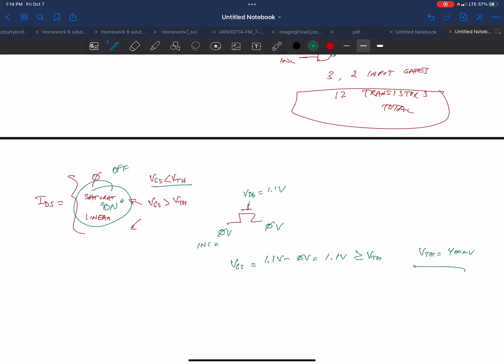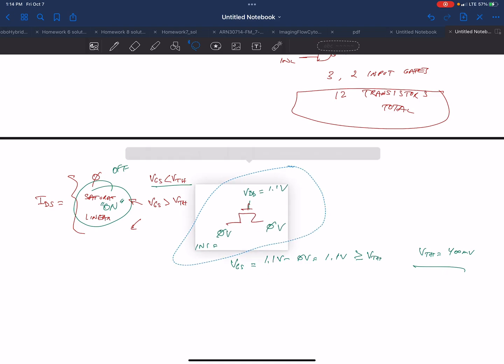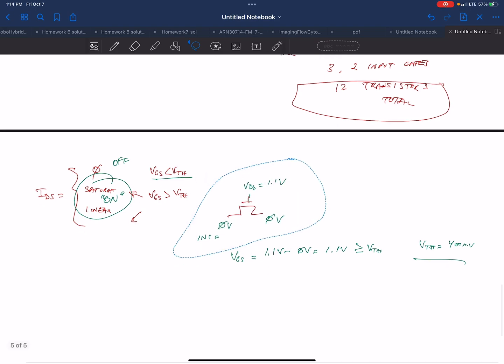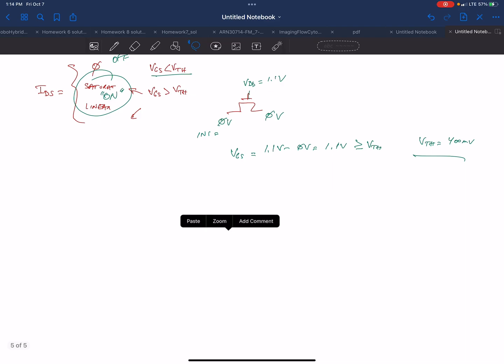Okay, now let's look at a case where I'm trying to pass a 1.1 volt, so N1 is 1.1 volt, and I'm trying to pass that through. So what I'd really like is a 1.1 volt to show up here in this case, right? But look at what happens here.